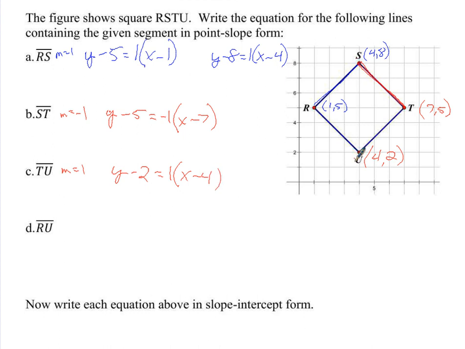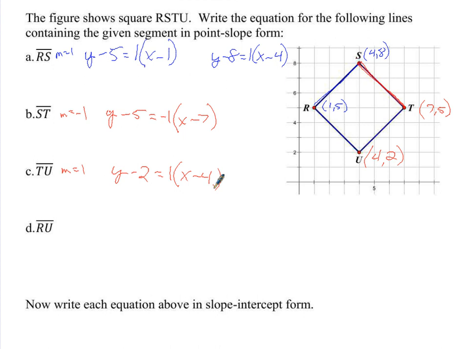Did anybody use T? Nobody? One person? Okay, so your equation for T would be y minus what? 5 equals 1 times x minus 7. So that's a perfectly valid equation as well.